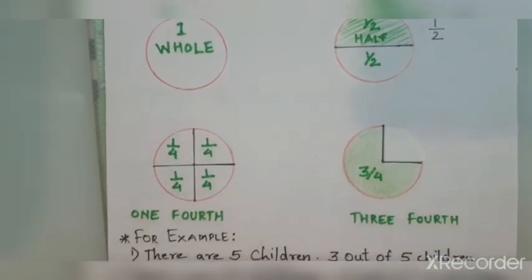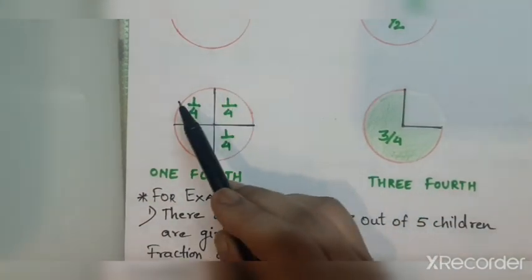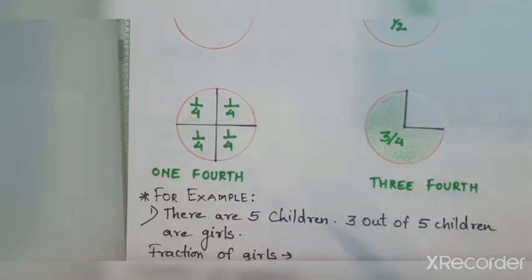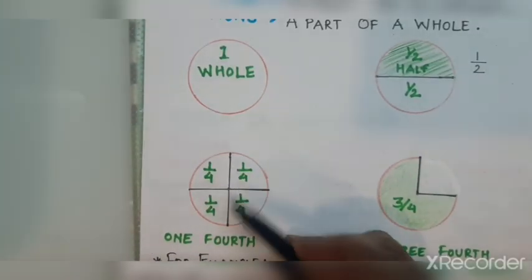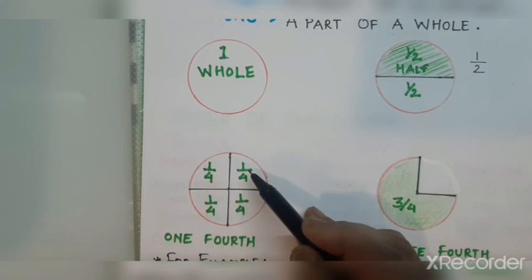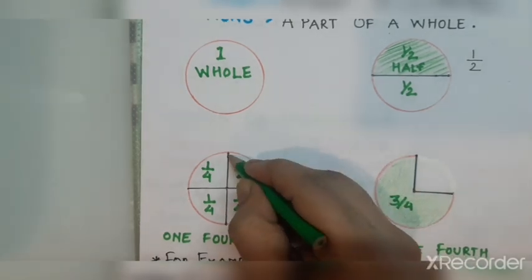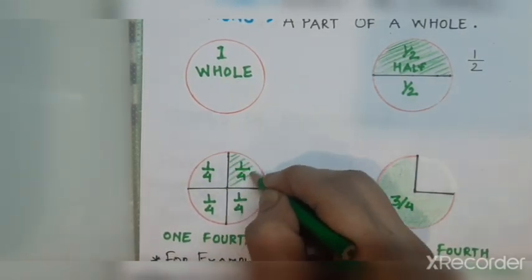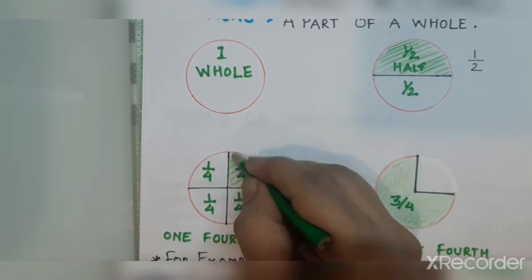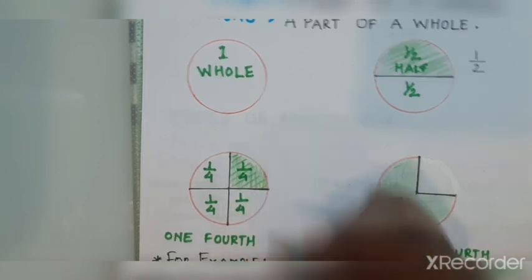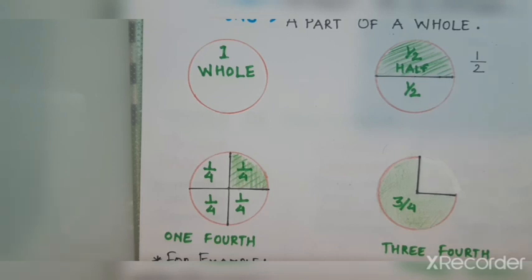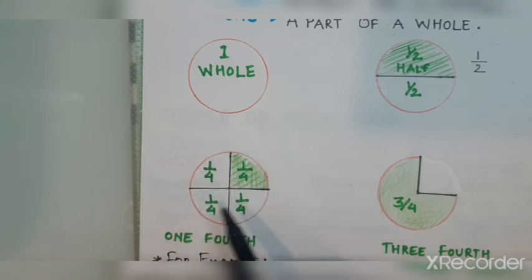Now further, that same whole, if we divide into 4 equal parts, 1, 2, 3, 4, then each part, the small part which I am shading in green, is called 1/4. 1/4 means from this whole we have divided into 4 parts.